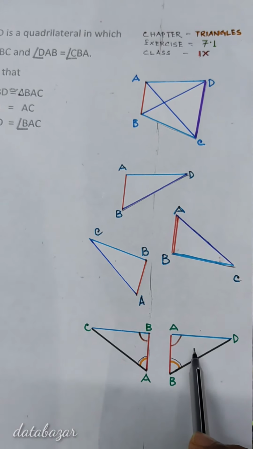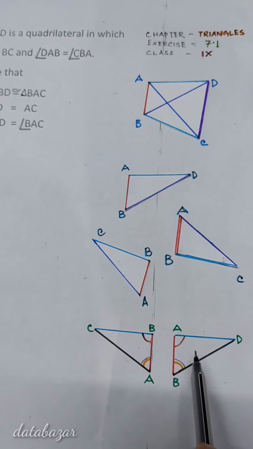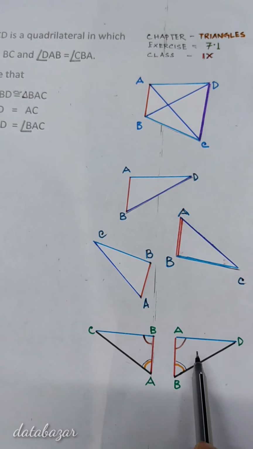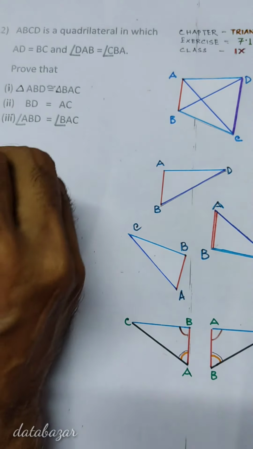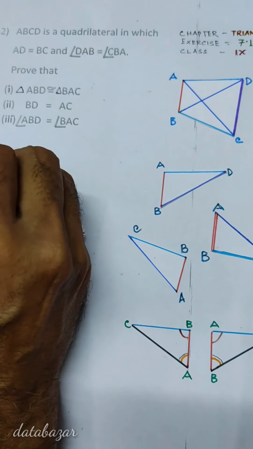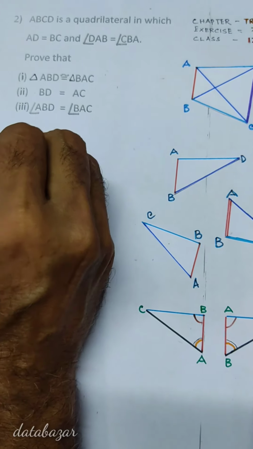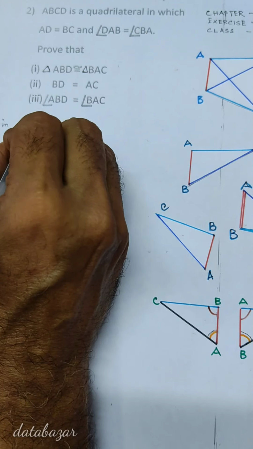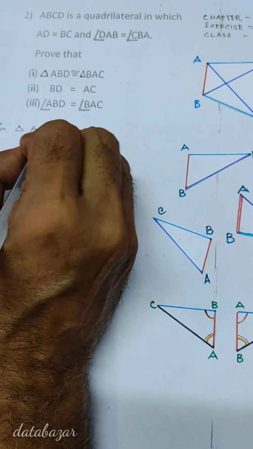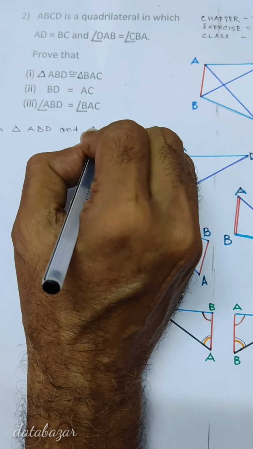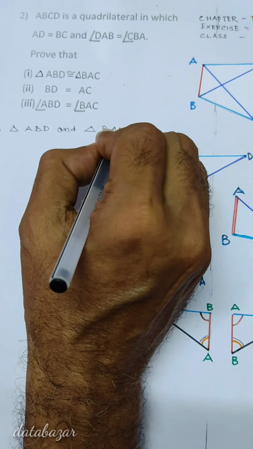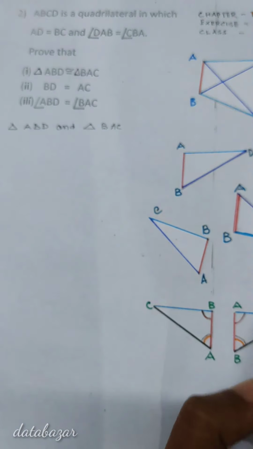Now let us come to the question. We have to prove triangle ABD and triangle BAC are congruent. In triangle ABD and triangle BAC, let us see what is given.